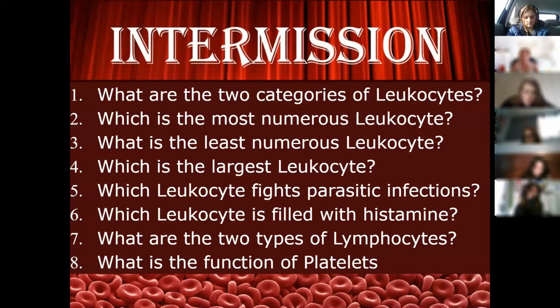Which one fights parasites? Which one is filled with histamine? One of your blood categories is lymphocytes. What are the two types of lymphocytes? And what is the function of platelets?